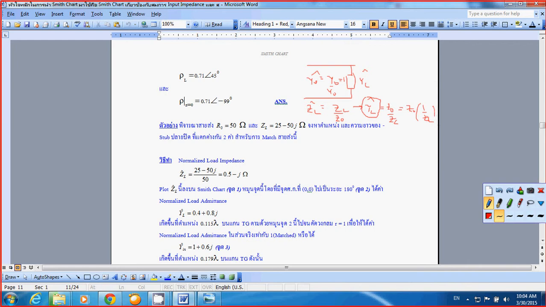And what is 1 over ZL? 1 over ZL equals YL, correct? So when you want to find the load admittance normalized, you simply multiply Z0 by your load admittance.